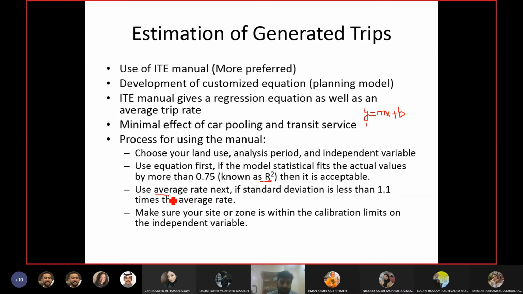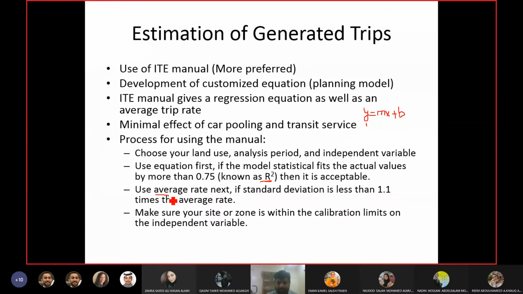So if you're using the average trip rate, then you have to check that the standard deviation is less than 1.1 times the average trip rate.